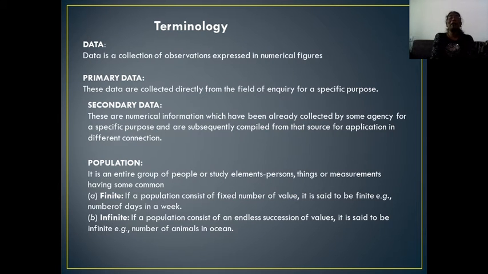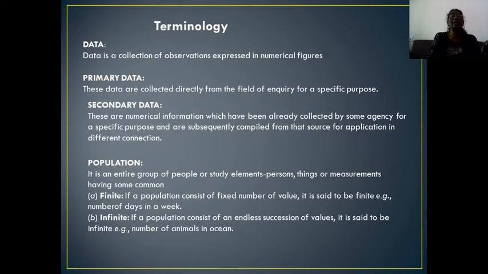When we study biostatistics, we must know certain basic terms. That is, what is meant by data, how it is collected, then the meaning of population, the meaning of sampling, and sample. These basic terminologies we must know. First, data.